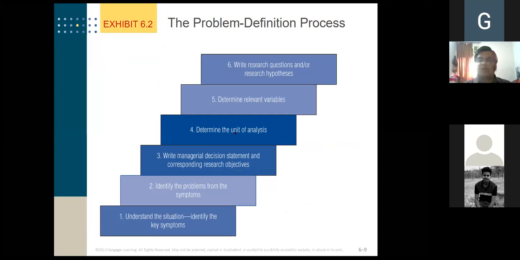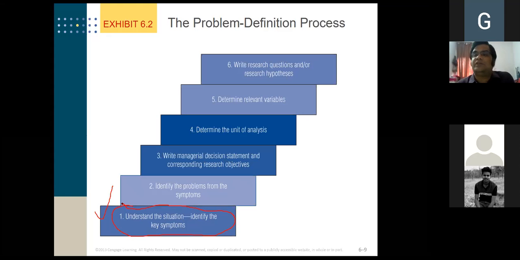Okay, now I will come to the 6 steps. Listen very carefully. Number 1, how to understand the problem. First we have to understand the situation. Please look at my slide. We have to understand the situation of the company.